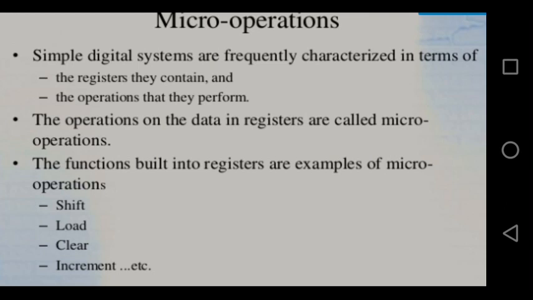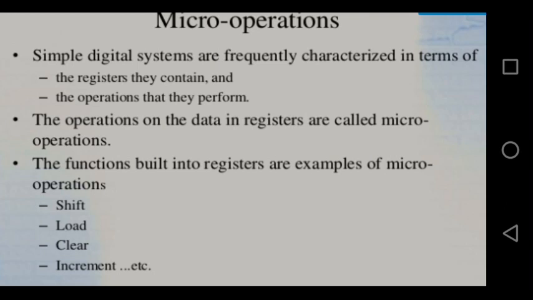All of you know about registers. Now we will discuss the smallest operations. Those smallest operations are called micro operations. The smallest operation that can be executed within the CPU is called a micro operation. And remember where this micro operation comes from? They are divided from the instruction itself.